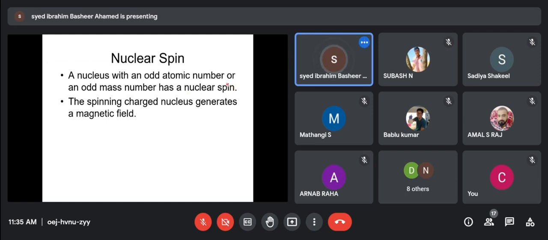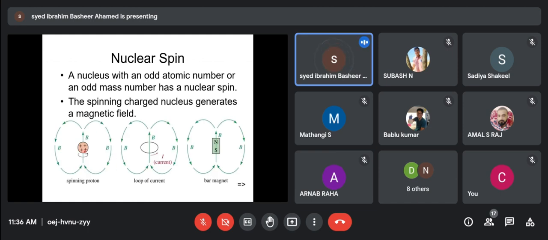The spinning charged nucleus generates a magnetic field. So the nucleus with an odd atomic number or odd mass number will have a spin, which will have a magnetic field.